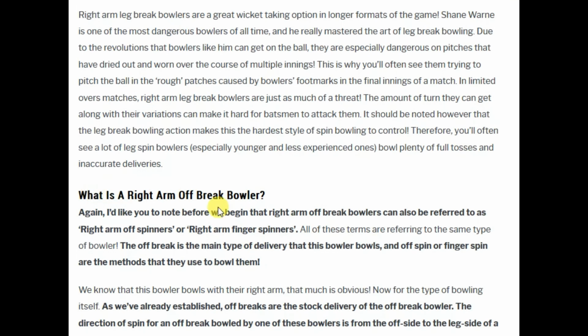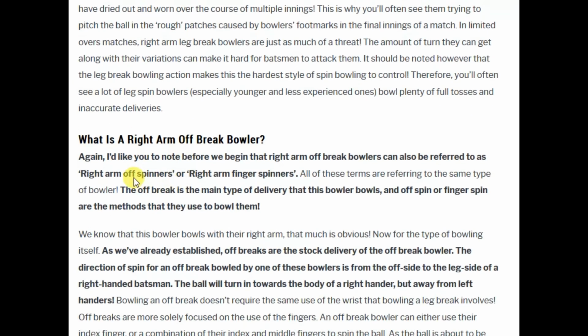What is a right-arm off break bowler? Now we can understand by this theory. Right-arm off spinner or right-arm finger bowler, both are the same type of bowler. One bowls off spin using his palm, and the other type of bowler uses his finger to bowl the off spin.